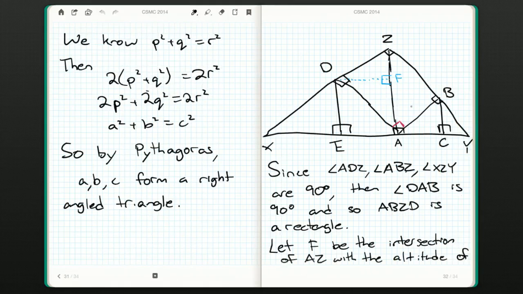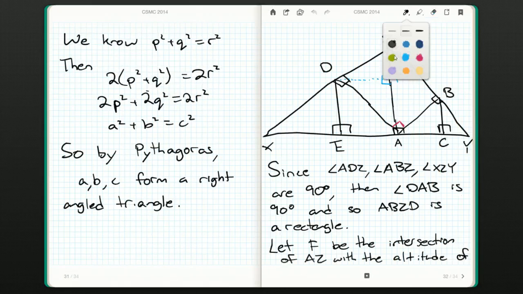So we've got rectangles, and we know, although we haven't stated yet, AB is DZ, and EA is DF. Okay. I guess we're going to have to do a little bit of angle chasing. So we'll use green, and we'll say that this is theta.